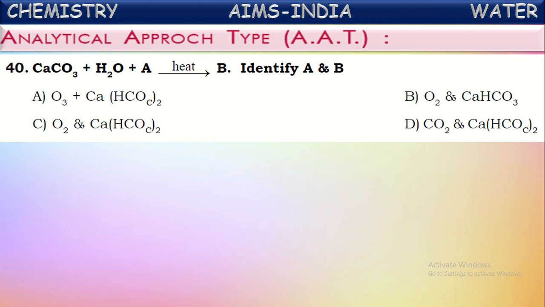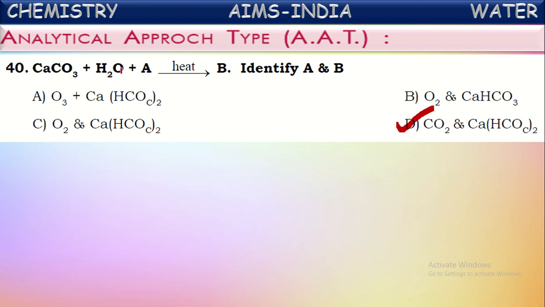Calcium carbonate on reaction with carbon dioxide in the presence of water forms calcium bicarbonate, which is responsible for the temporary hardness of water, isn't it? So here is the correct answer.